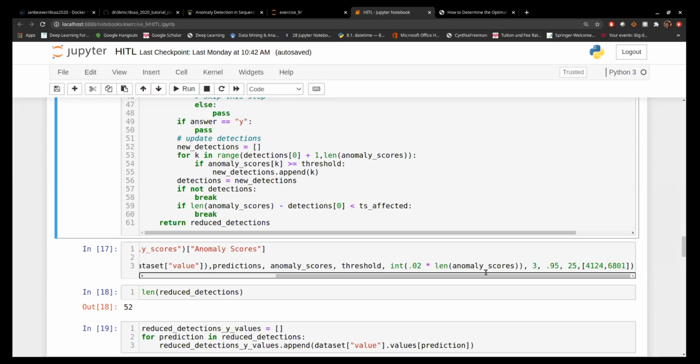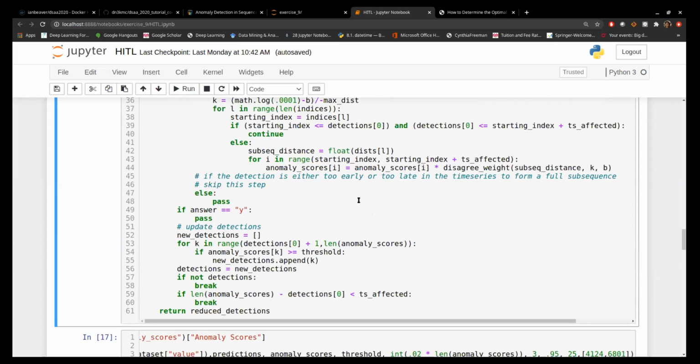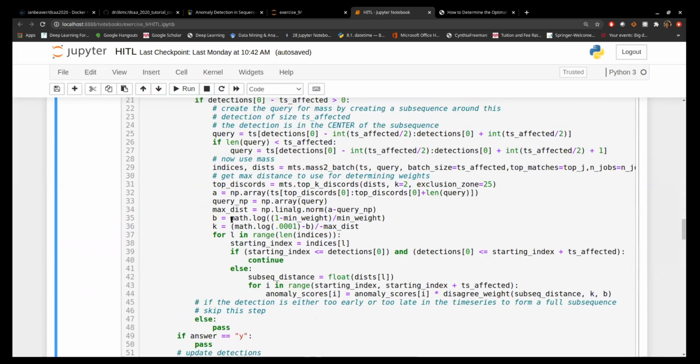So the minimum weight multiplied to the anomaly scores is set by min weight, which is user chosen. I chose 0.95. And how quickly the sigmoid function converges to 1 is determined from the max discord distance from the query, max dist, which is also determined by virtue of us using mass, because we have all of those Euclidean distances.